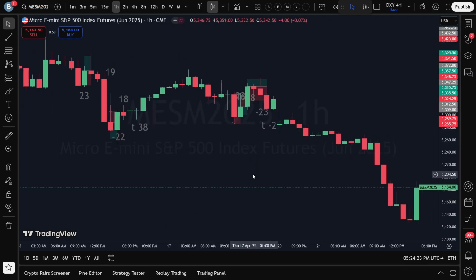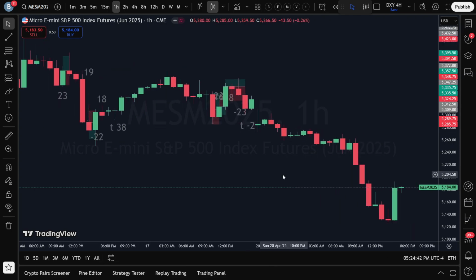That's not bad on the micro S&P 500. That's about what? About $25 per 5 points. So about $200. If you were on the main contract on the ES, that's about $2,000.